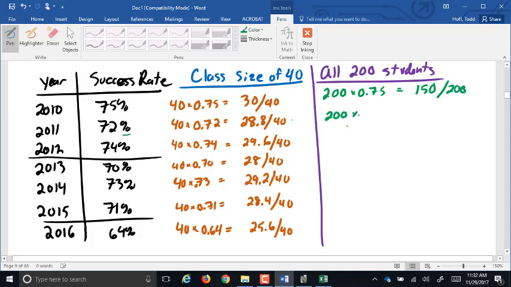The 72%, 200 times 0.72, that's 144 out of 200 that pass. That's a difference of 6. Still not terribly large difference. So again, I'm going to have you go through and fill in those numbers, figure out each percent out of 200 students.